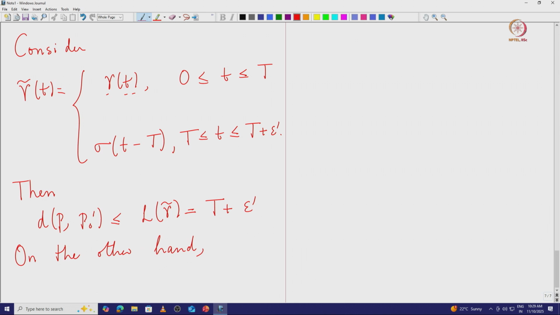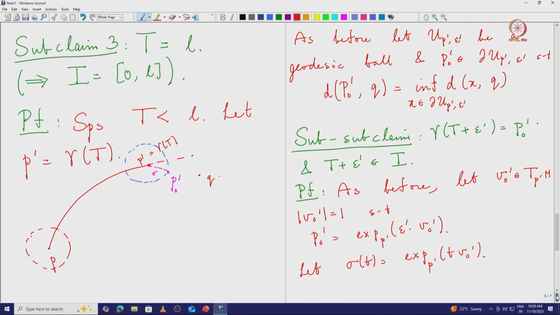Okay. On the other hand, we repeat the argument of subclaim 1 for this new geodesic ball. What did subclaim 1 show? That the distance from p naught all the way up to q is L minus epsilon.